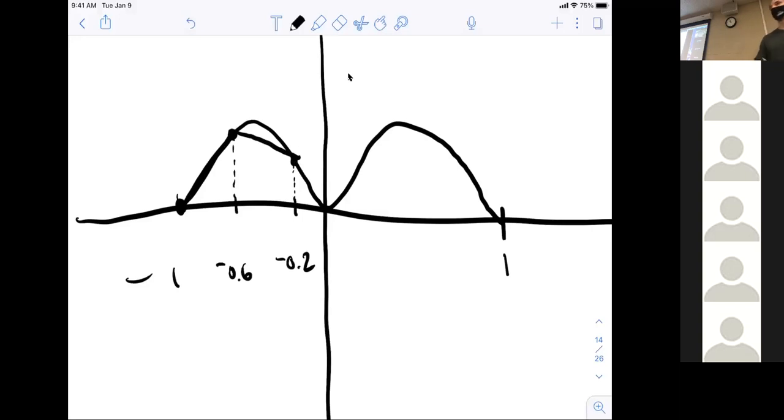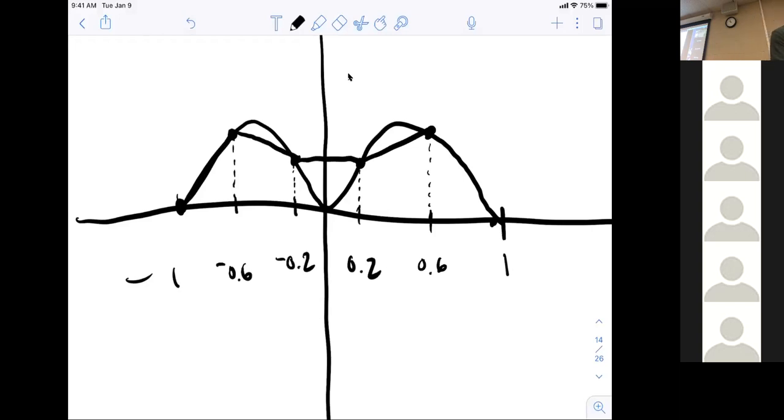And I come over another 0.4 to positive 0.2. And this middle trapezoid looks more like a rectangle because of the symmetry. I come over another 0.4 to positive 0.6, and I get a trapezoid that looks like that.